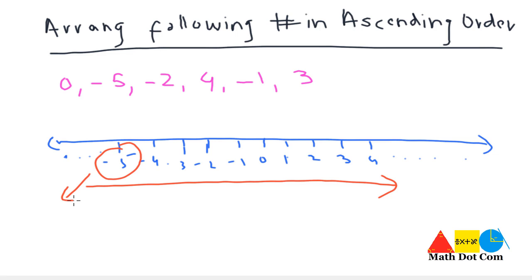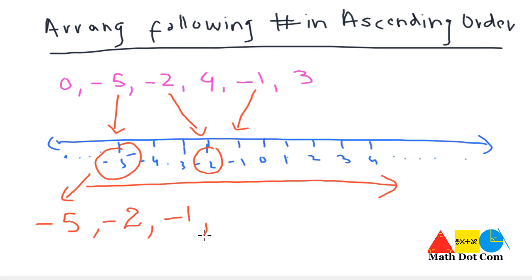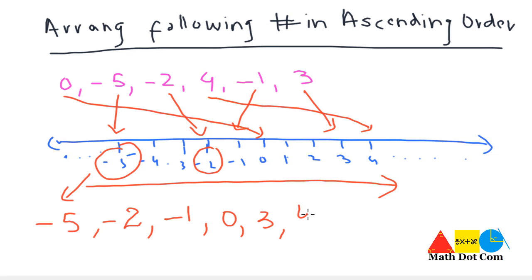Then what comes after -5 is -2. Then after -2 is -1 on the number line, then 0. Then it's 3, and lastly it's 4. So this was the arrangement in ascending order.